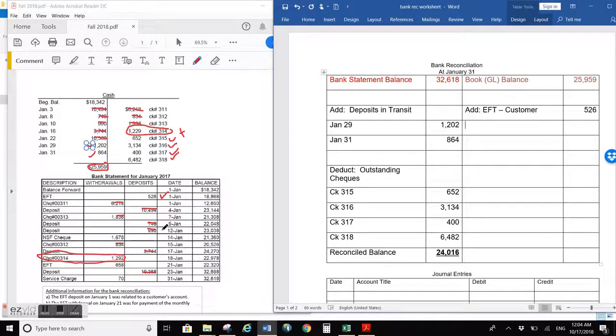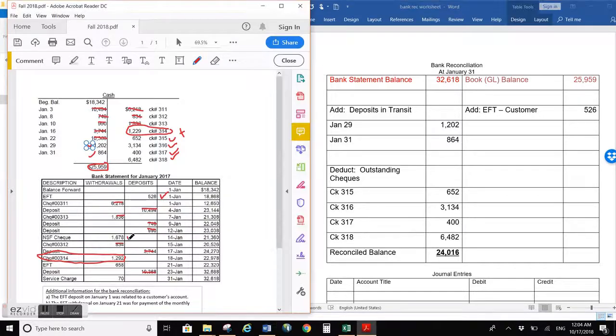Next, we can look at what's been deducted. So we've got an NSF check here. NSF stands for non-sufficient funds. What's happened is a customer has come in and given us a check. We deposited that check in good faith, but then when the bank actually went to get the money from our customer's bank account, he didn't have that money there.